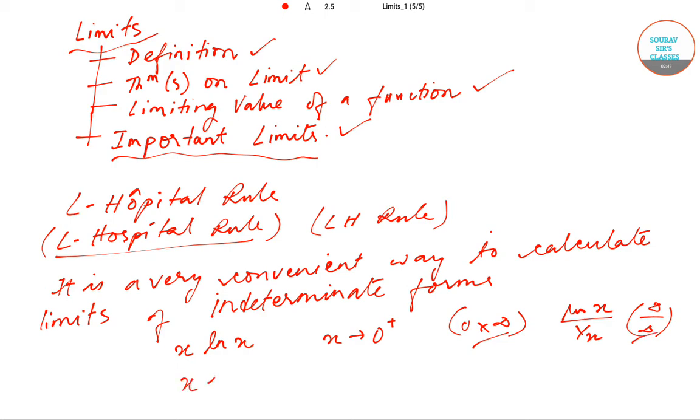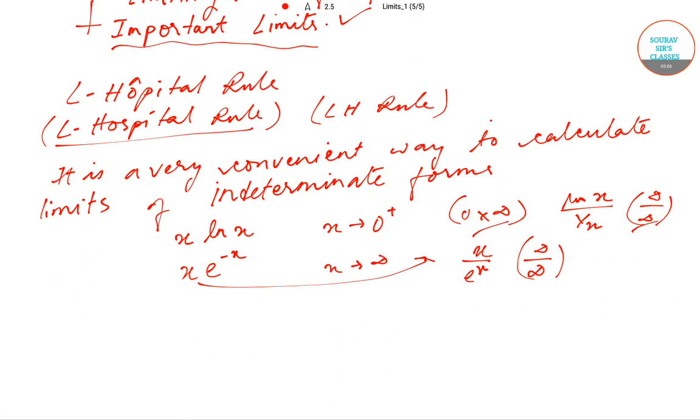One more example is x e to the power minus x as x tends to infinity. This can be written as x by e to the power x. As x tends to infinity, this takes the form infinity by infinity, which is an indeterminate form. Let me give you another example: ln x by x as x tends to infinity.